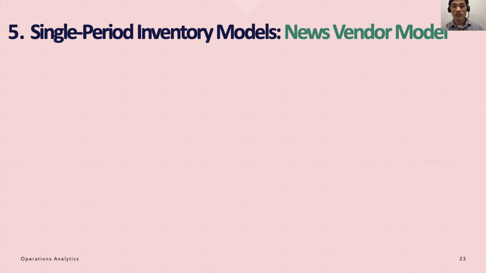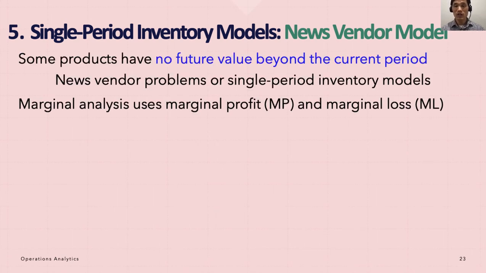Finding the inventory level with the lowest cost is not difficult when we follow the marginal analysis procedure. This approach says that we would stock an additional unit only if the expected marginal profit for that unit equals or exceeds the expected marginal loss.